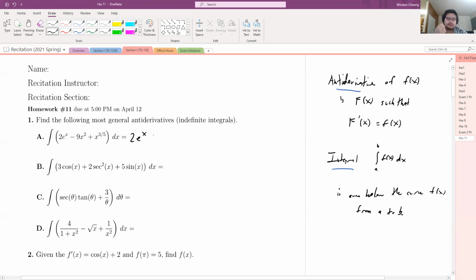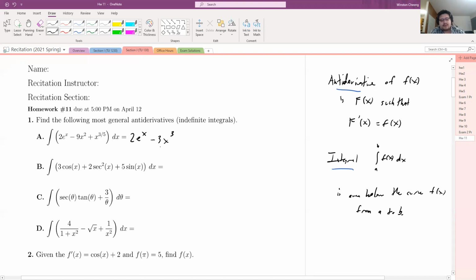Normally with the power rule, you pull the exponent down and then subtract 1 from the exponent. We reverse these steps now. Instead, we add 1 to the exponent and then we divide by that new exponent. So that's going to end up being negative 3x cubed. And you can check that. If you take the derivative of this, you end up with the original negative 9x squared.